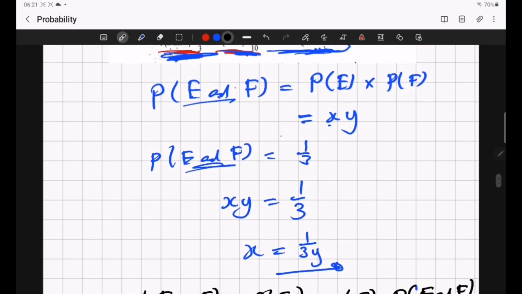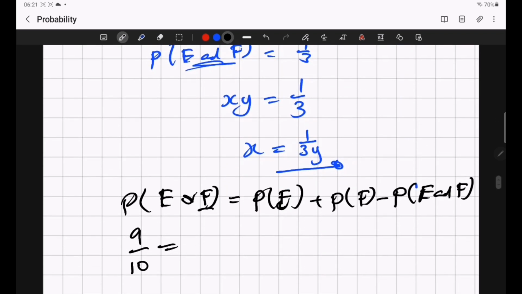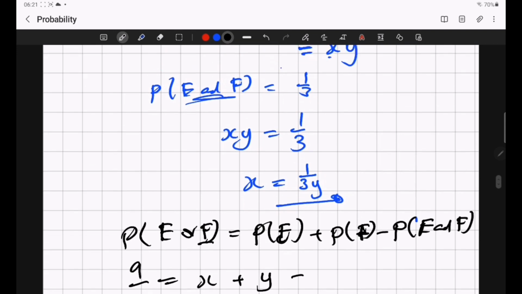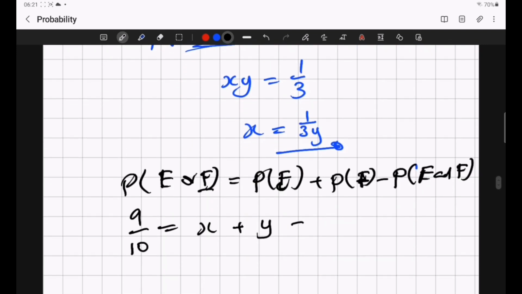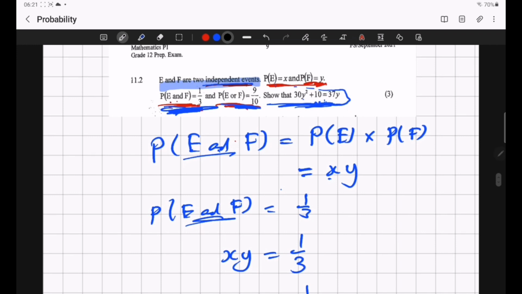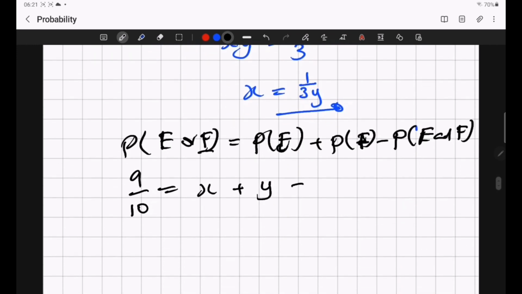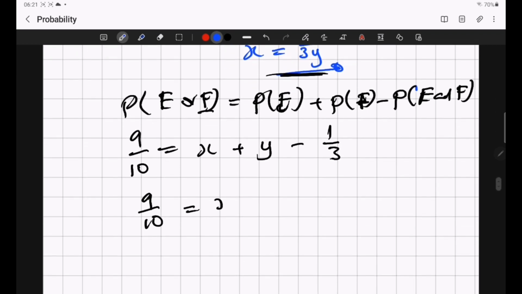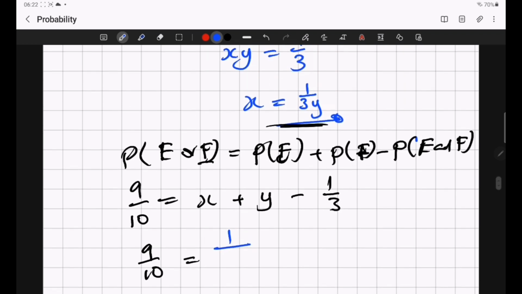The probability of E was given as X, the probability of F was given as Y, and for the probability of E and F we can choose to use this number 1 over 3. But now we said X is this value. So substitute X, so it's going to be left with Y only.